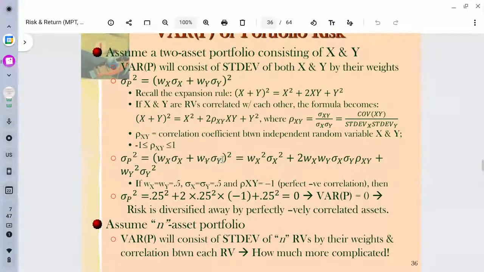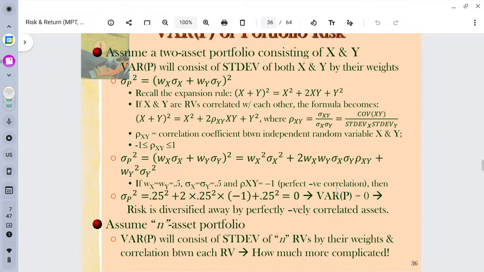Because with the correlation and weight, it's going to be weight of X squared times variance of X, right? This is variance because standard deviation squared is variance. Plus 2 times weight of X, weight of Y, standard deviation of X, standard deviation of Y, and correlation coefficient rho. And then plus weight of Y squared times variance of Y. You plug in all these numbers. What does it come to? It will come to 0.